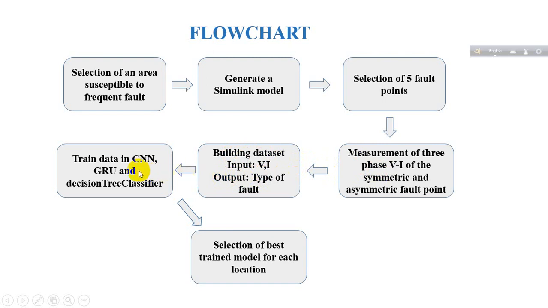Finally, we have trained this data into a convolutional neural network, gated recurrent network and decision tree classifier. It has been done in Python. After that, we analyzed our result and chose the best trained model of our faulted network. Let's go into details.